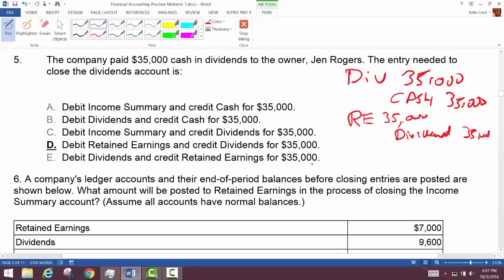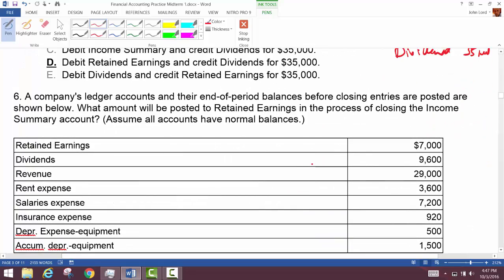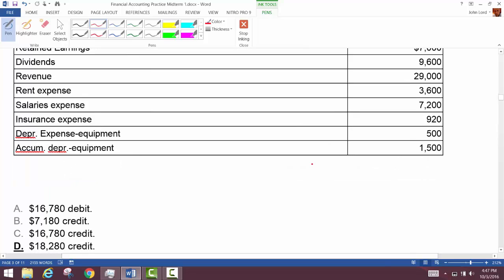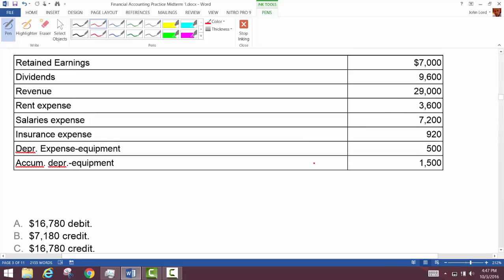Okay. Taking a look. Oh, there's got to be something wrong with this problem. I cannot make this problem work. Whoever was doing this question didn't know what they were doing. Sometimes they mark the wrong answer, they make a mistake.